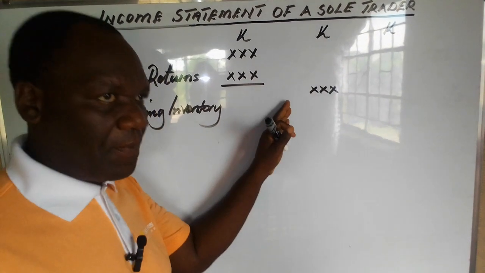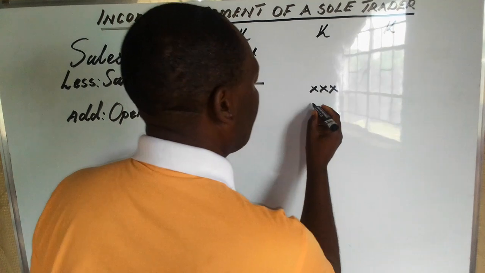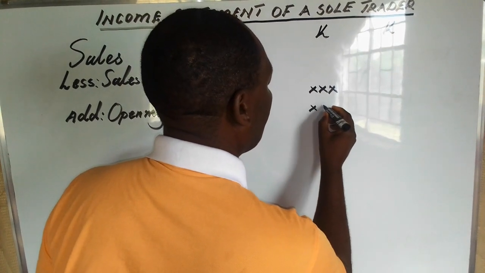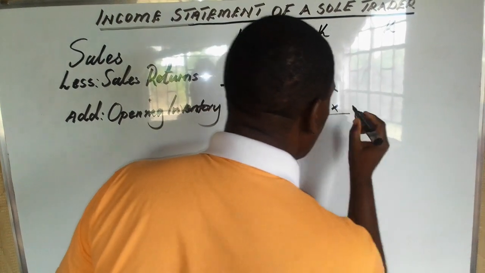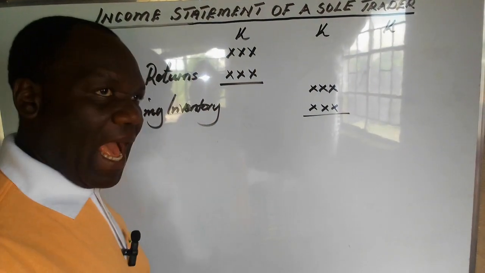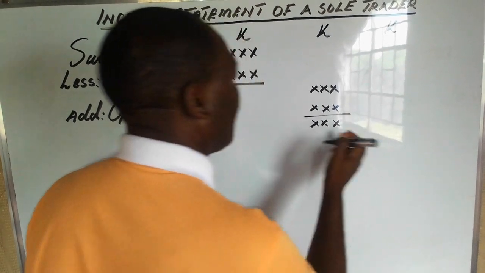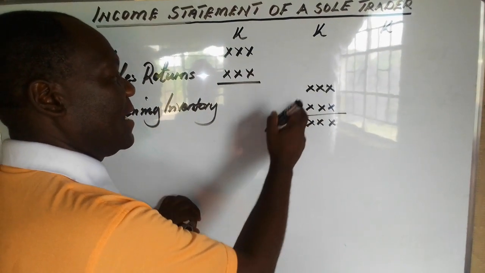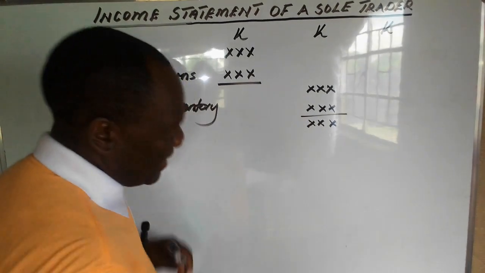To this figure, you add the opening inventory. Okay? When you add, you get this figure here. You have added this plus this. This is your net sales because we have lessened the returns.